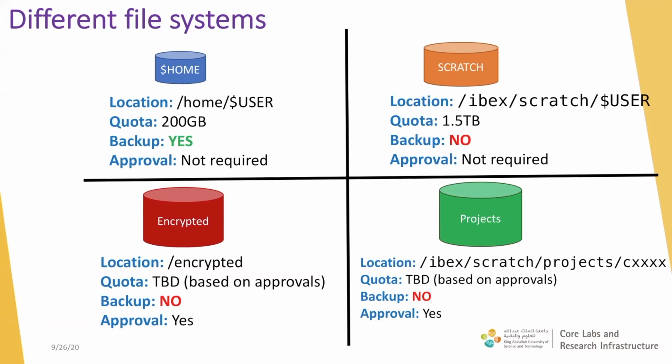Say for example, some of your projects require 10 TB or 15 TB storage. You need to write a simple summary of your project requirement and your PI needs to approve. Based on the project approvals, we will allocate a project quota for your use. Here again, there is no backup or archive planned for this project storage.